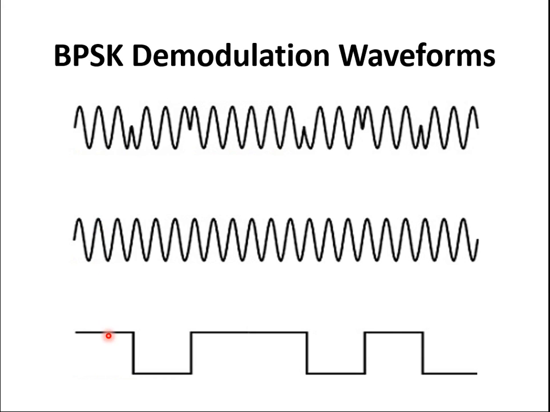Yes. If it is the same, logic 1. From here to here I'll be comparing with the carrier. Now they are out of phase. Out of phase implies logic 0. So whenever the modulated signal and the carrier are in phase, I will be detecting it as a logic 1. Or else if the modulated signal and carrier signal are out of phase, then I will be detecting it as a logic 0.